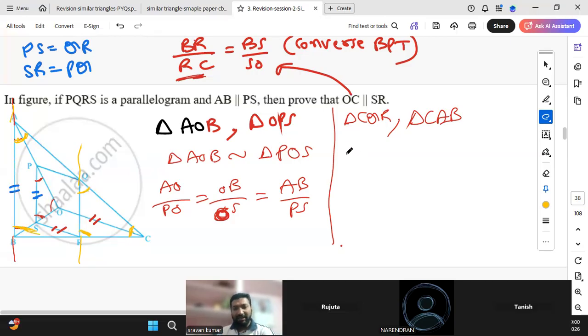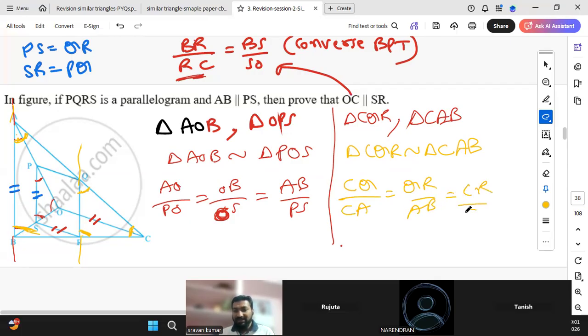Whenever I'm writing triangle CQR, I'll write similar to triangle: wherever C is there, C is a common angle; where Q is there, I should write A; where R is there, I should write B. Now if I have written it, what can I do? I can use CPST. CQ by CA equals QR by AB equals CR by CB. Did I bring something like BR?